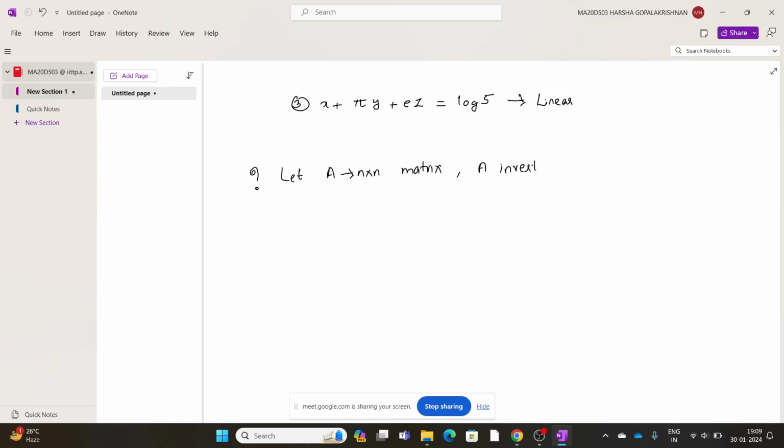So I hope you know what invertible is. Invertible means there exists an inverse for A. A inverse exists, or the determinant of A is a non-zero value. And given a linear system corresponding to a matrix, we have some b and some unknown x, Ax equal to b.